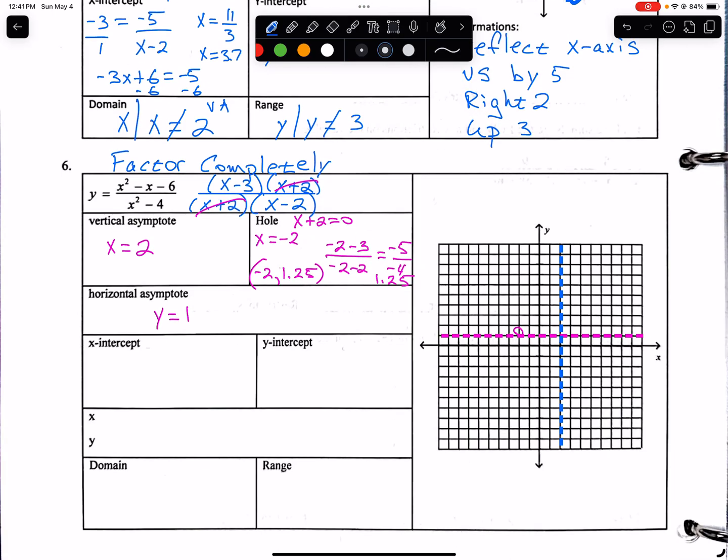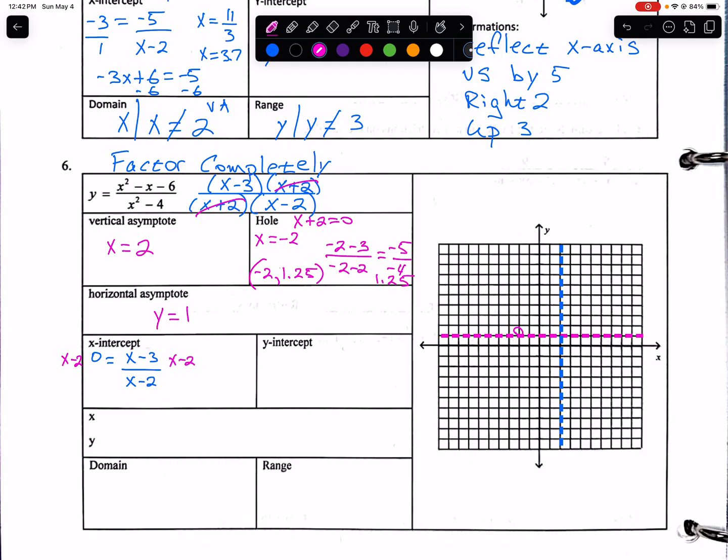All right. Okay, now the x-intercept, you just do, what do you plug in for y? 0. Good. So 0 equals x minus 3 over x minus 2. Then you multiply by x minus 2. That cancels out. Wait, it's messing with your head.